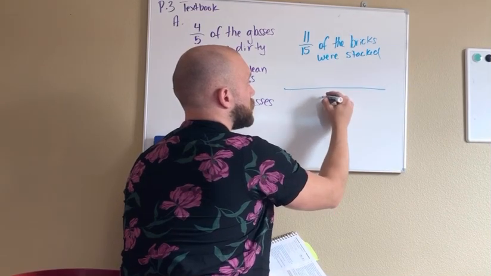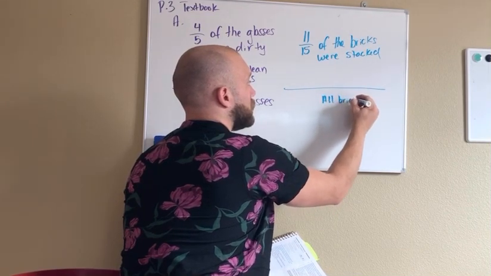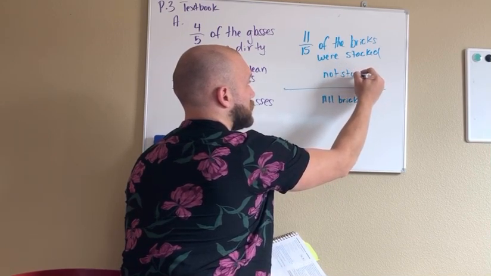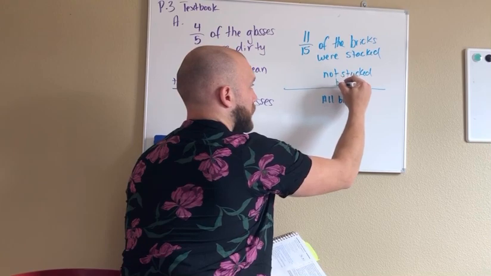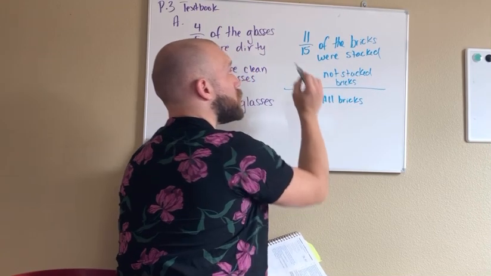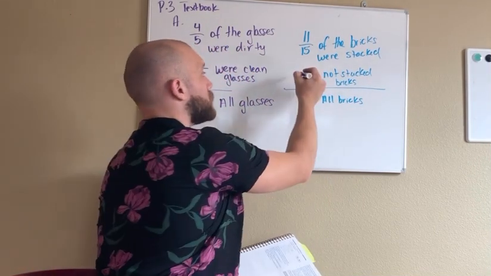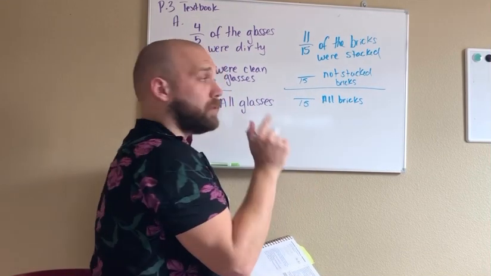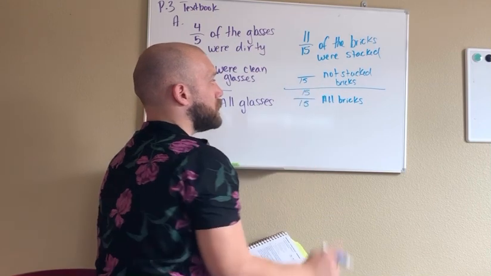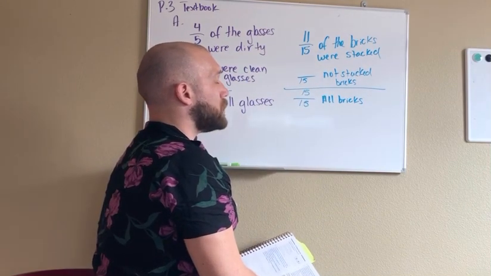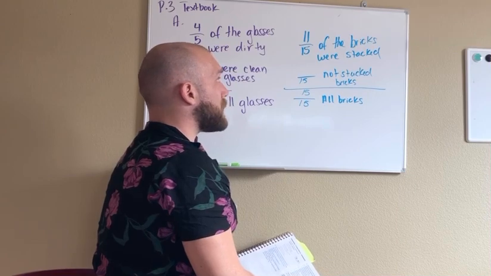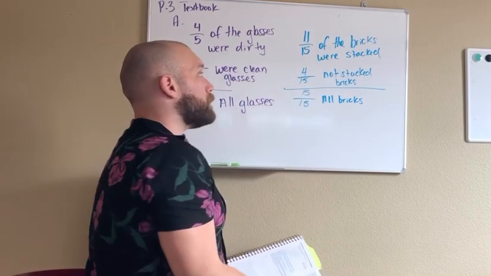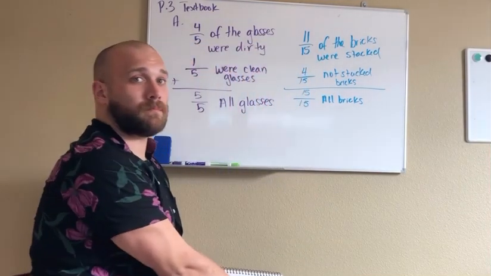Line here, so we have all bricks and not stacked bricks. So I know my denominator is 15, so it's going to be 15 for all of these, and I know this has to equal 1 whole, so it's going to be 15 over 15. So, what's left over of 15 minus 11? 4. 4 bricks out of the 15 were not stacked.